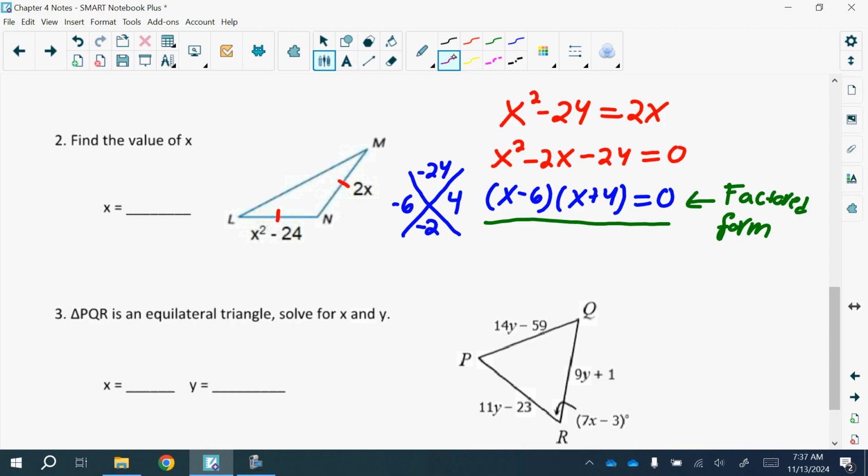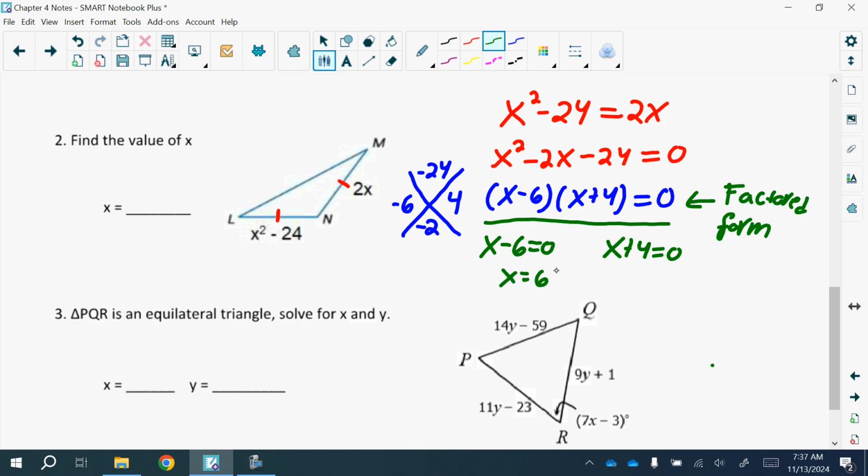That's only going to happen when one or both of the numbers are 0. So this is a fancy way to say that given factored form set equal to 0, we can set each factor equal to 0 to solve for x. Because if either factor is 0, the product will be 0.